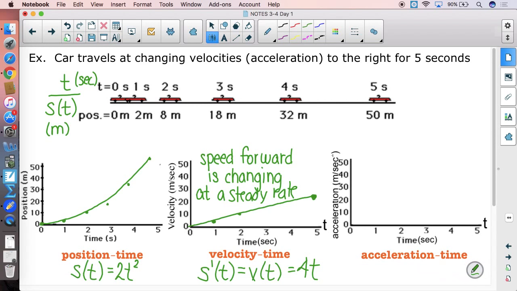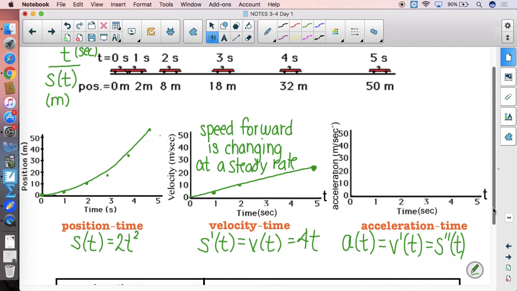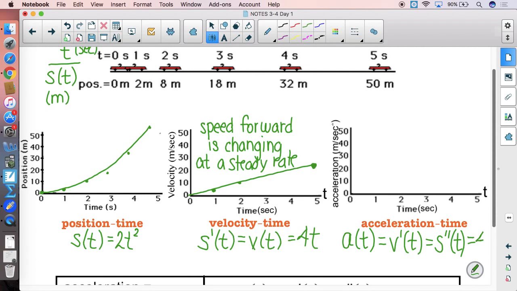Acceleration, again, with all the same time values. Acceleration is going to be velocity's derivative, how my velocities are changing, which is my position time function's second derivative. And we can see from our formula that this should be a 4. The derivative of 4t is 4. So when I go to make my acceleration graph, I've got this nice constant function of 4.